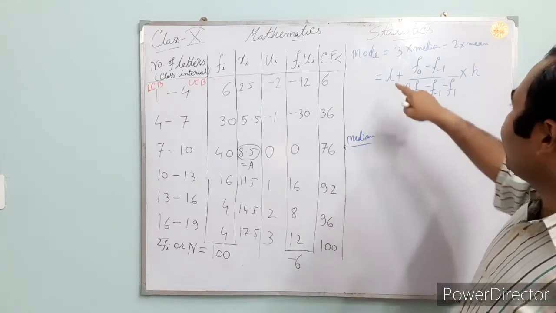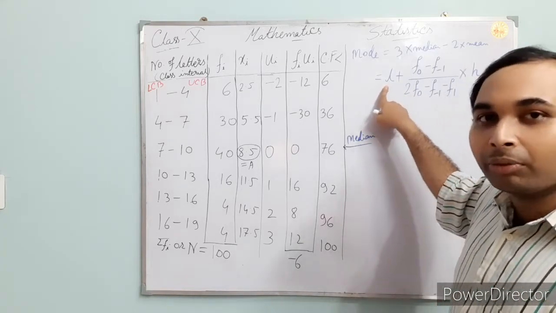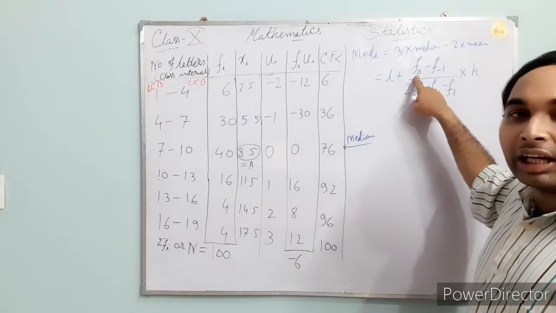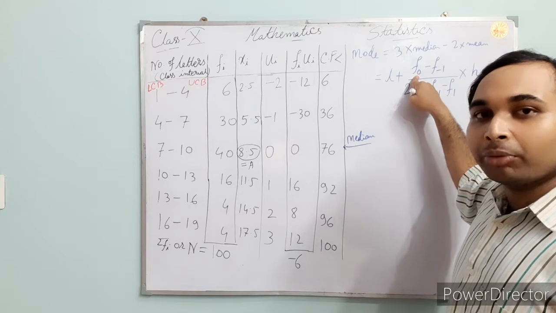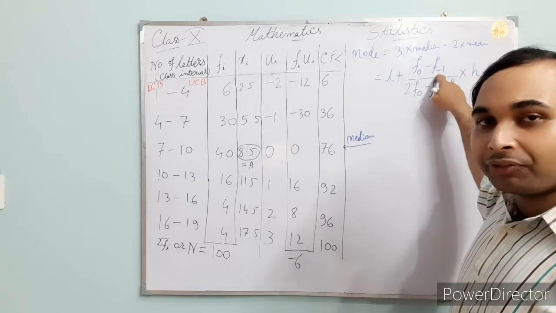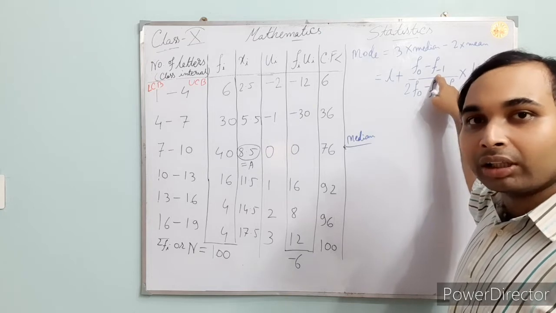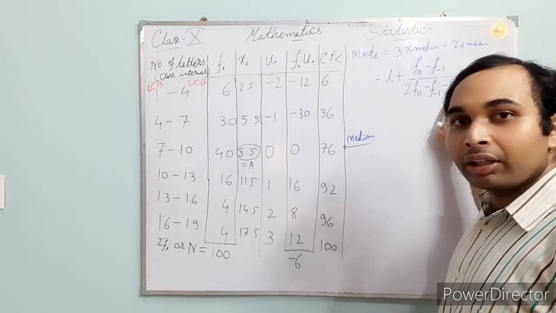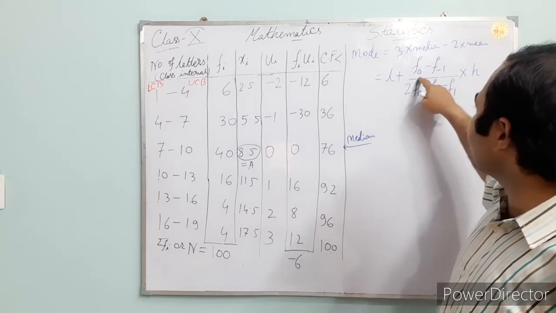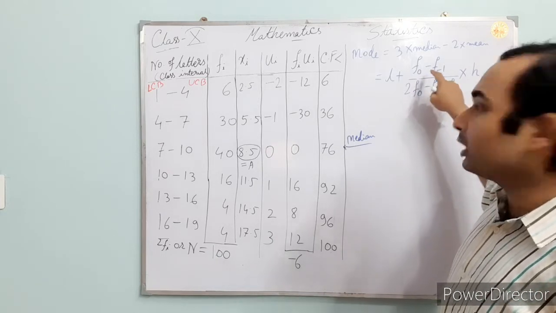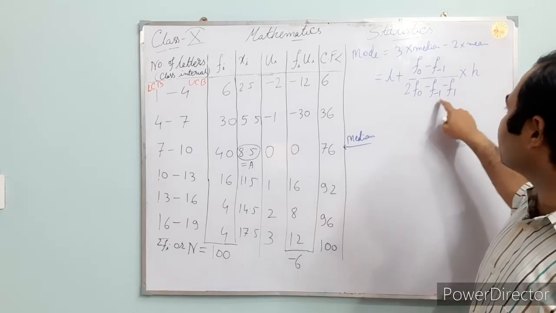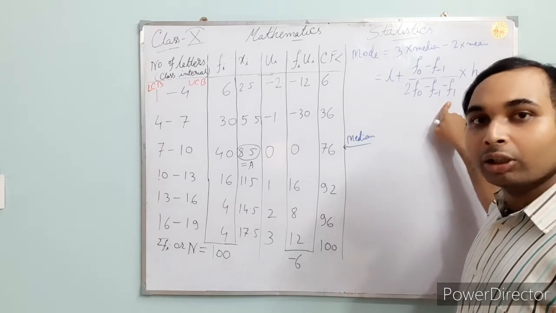What is this one? L means the lower class boundary of the modal class. How to find the modal class I am saying. F0 means the frequency of the modal class. F minus 1, the frequency of the upper class of the modal class. F1, the frequency of the lower class of the modal class.